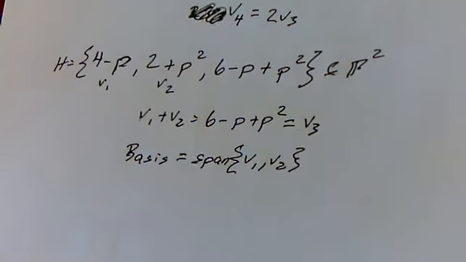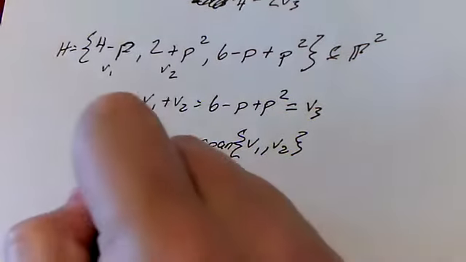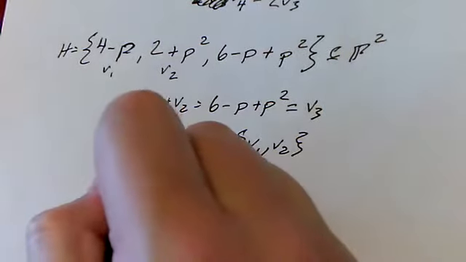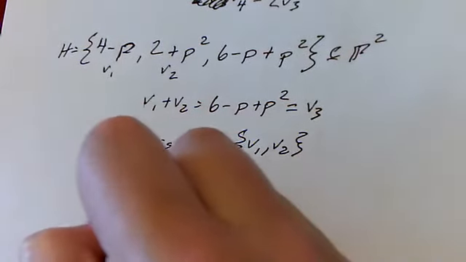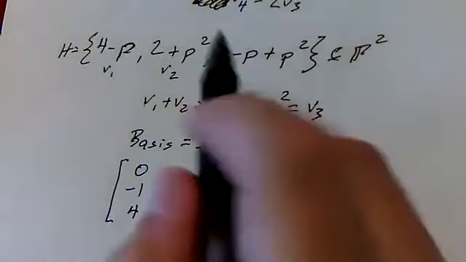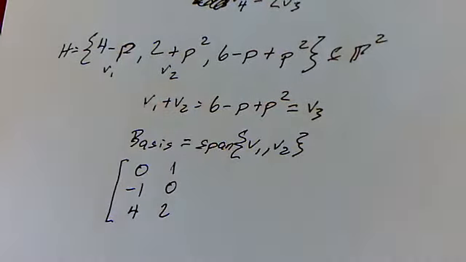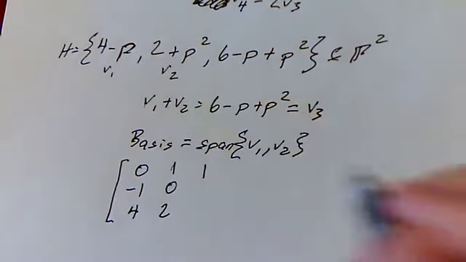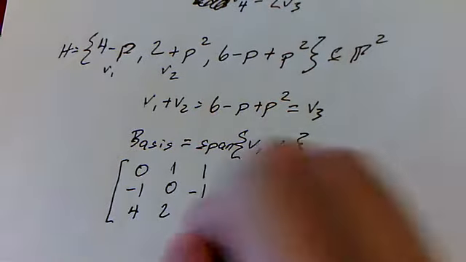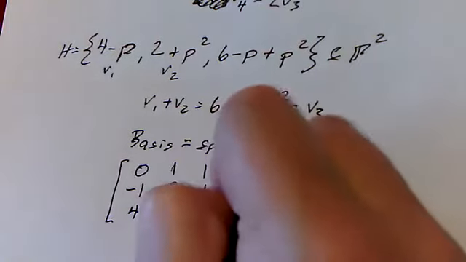Now, if you're not sure if they're a multiple, you can always look at them as vectors, as a matrix. So I'm going to take this first one. I'm going to have no copies of p squared, -1 and 4. Second one, I'm going to have 1 copy of p squared, no p's and 2. The third one, I'm going to have 1 copy of p squared, -1 copy of p, and 6. And I can row reduce that matrix.